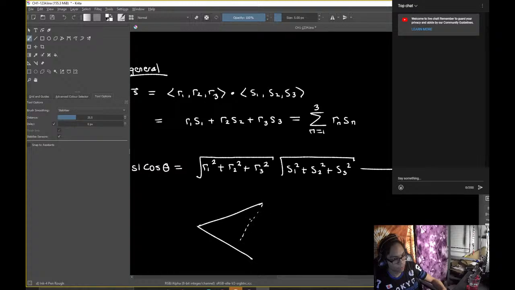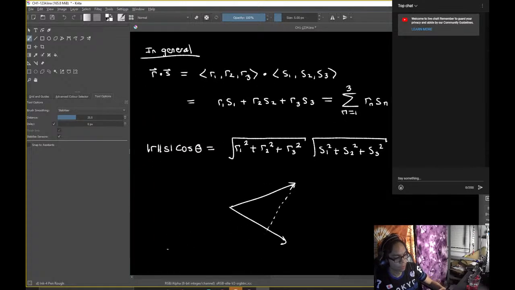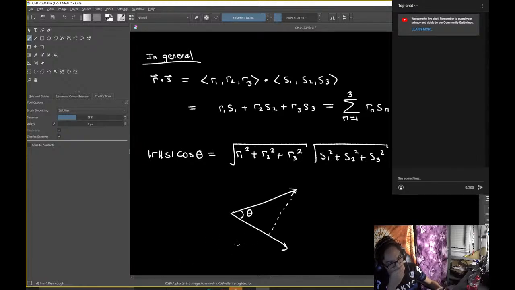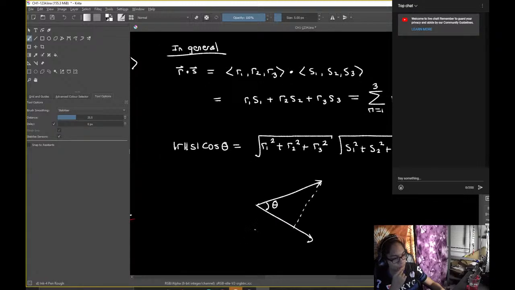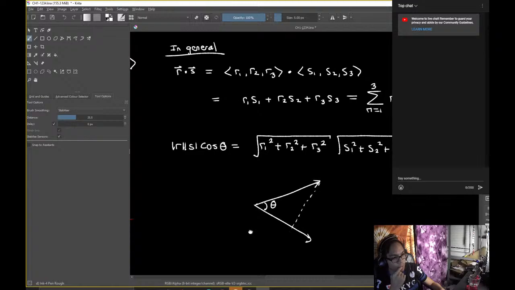No, I don't think that's a very good idea to do adjacent over hypotenuse here, because this vector could be larger than this vector, right? And then theta is right there. Okay, that seems to mess things up now. How do you express cosine theta? Let me think. It's the y component.